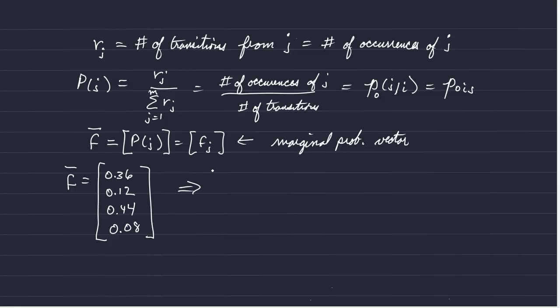And so the transition probability matrix for independent lithologies has all the rows made up of that vector.